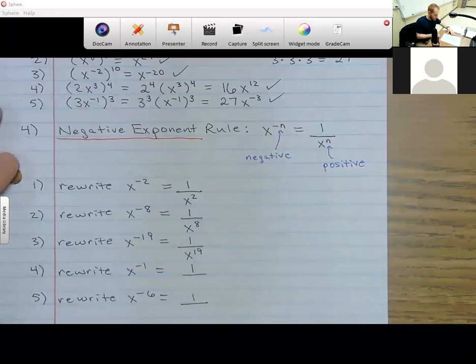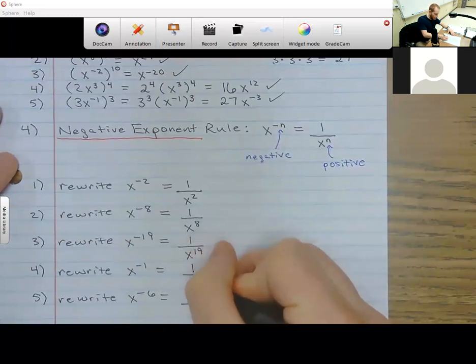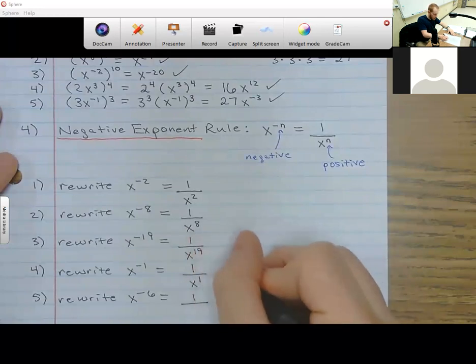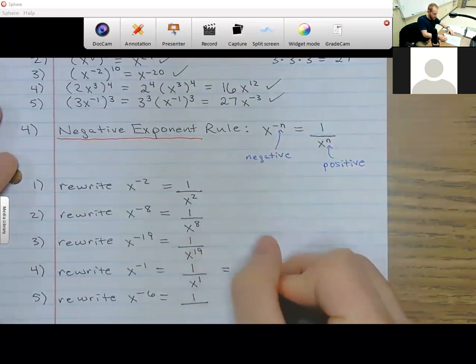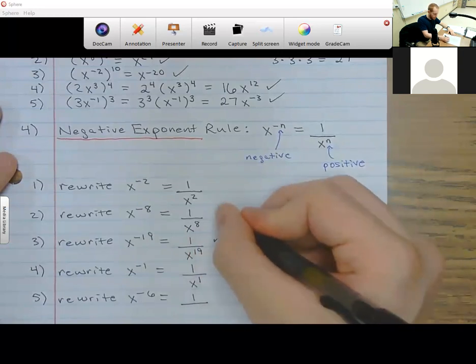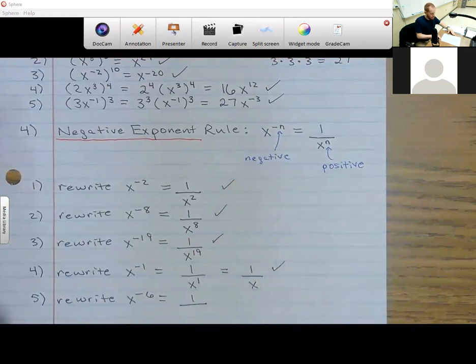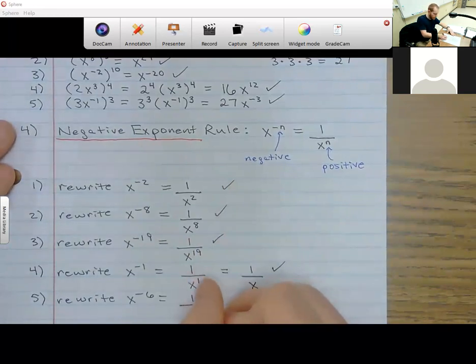For number 4, I start off with a negative 1, but it's going to become a positive 1 in the denominator. So it's going to be x to the 1 power, or I could always write this as just an x, right? Same thing. So all these get check marks. So then the last one, x to the negative 6 power, is going to become x to the positive 6 in the denominator.